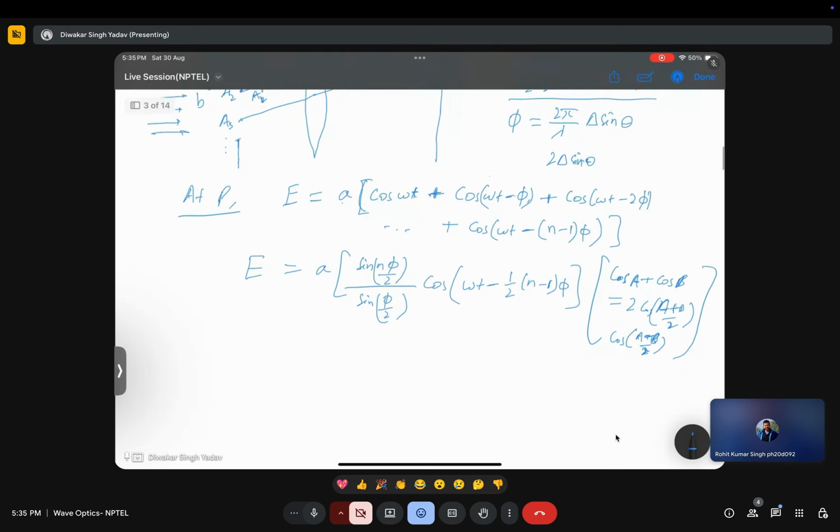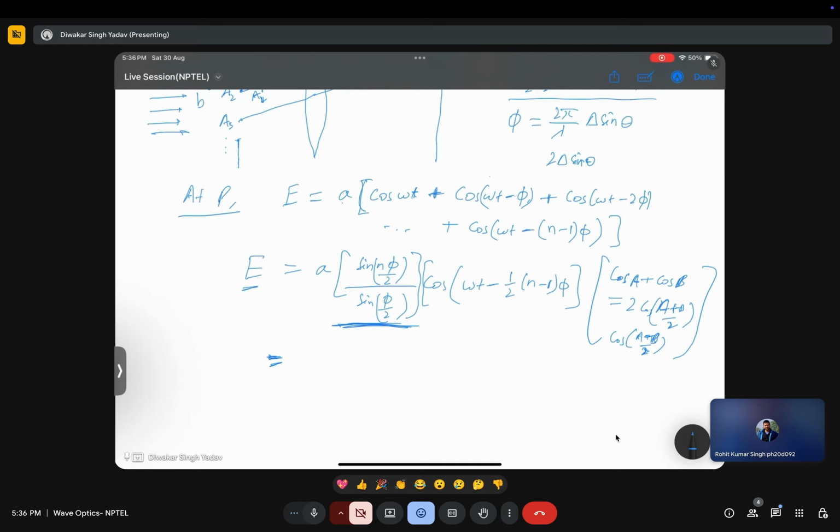Let's call this the first term. You notice this sine term has no time dependence, so it is the resultant amplitude of the resultant electric field.